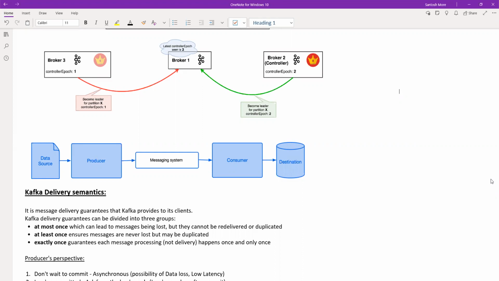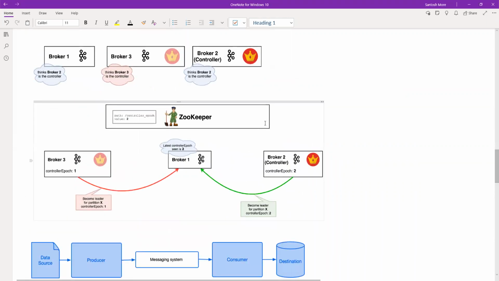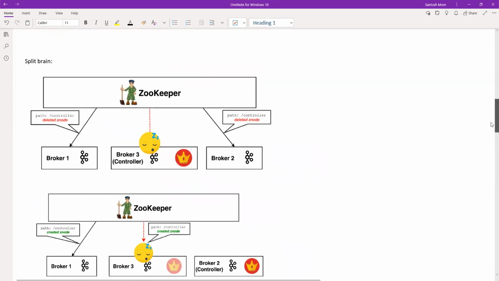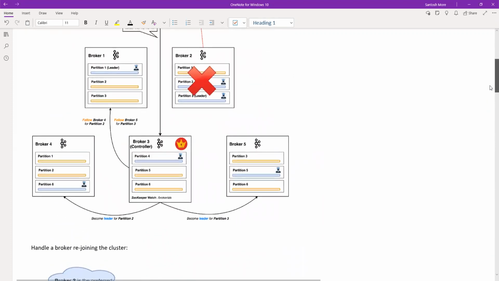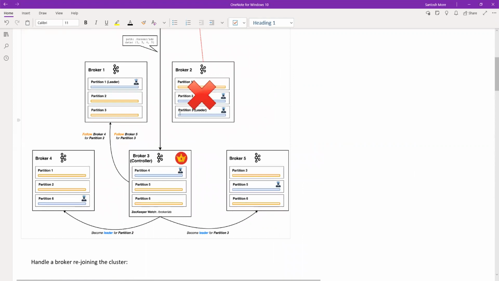Well, the partitions are actually, so split brain is only for the controllers, isn't it? The partition assignment will be taken care of immediately. Because if a broker goes down, okay, so you are saying the partitions on the controller, isn't it?